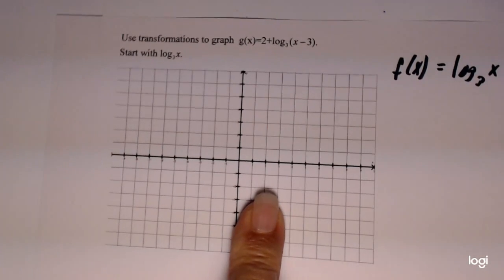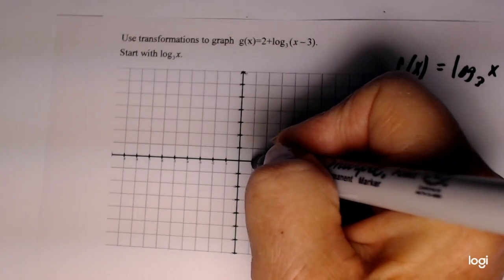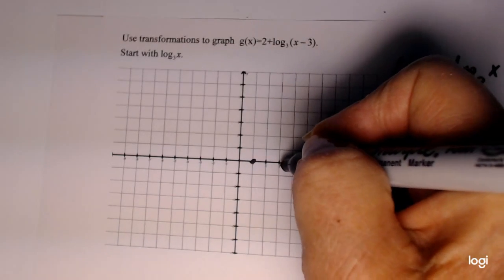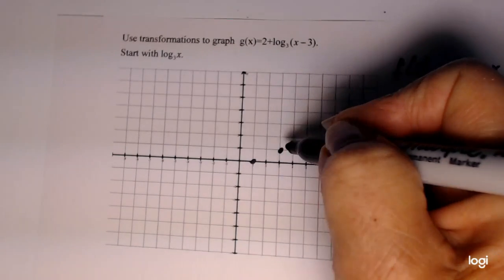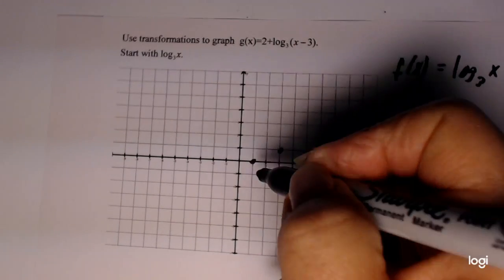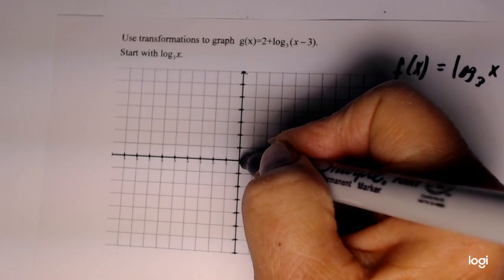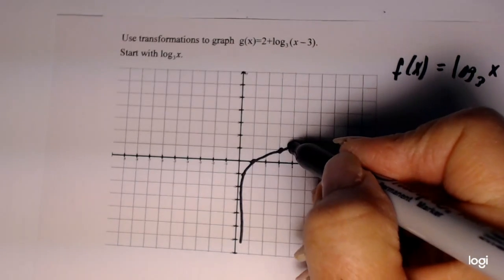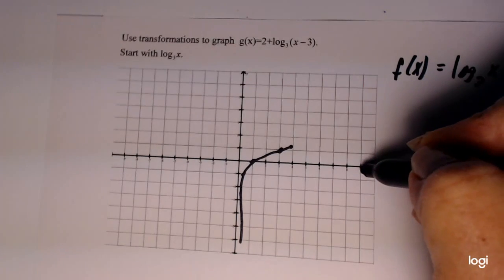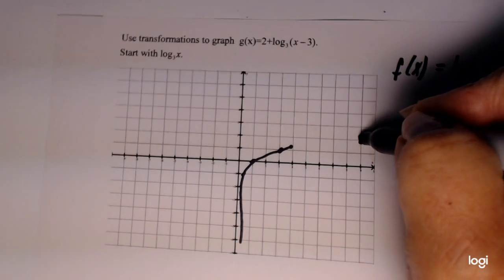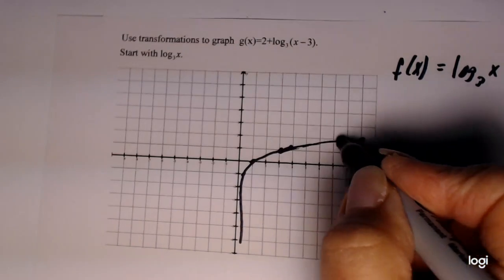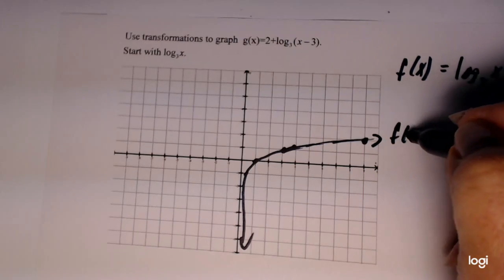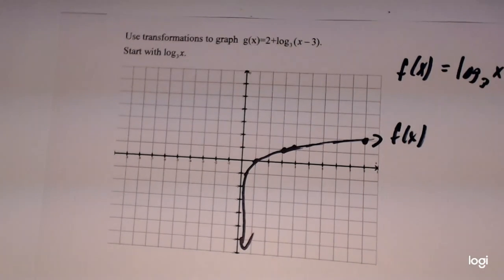We know we have the point (1, 0), and we had the point (3, 1). This was from our early example. And then we have the point (1/3, -1), and I do have the point (9, 2) here. So here is our f(x).